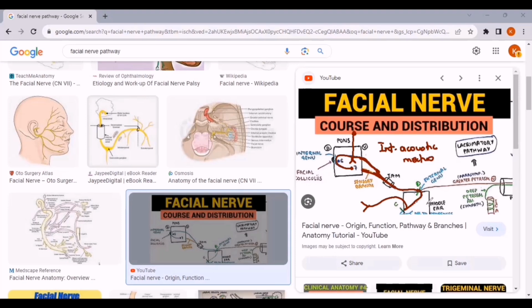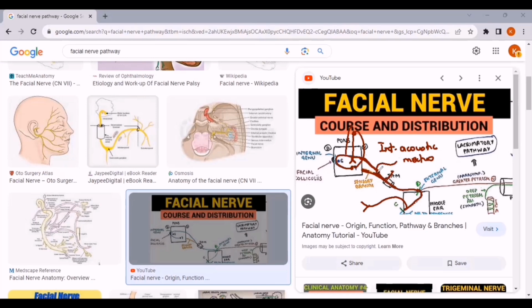I don't want to be confusing you too much, but the point I want to make here is that if you have any lesion along this pathway, all of them would produce lower motor neuron lesion, because all of them are outside of what? This nerve. So anything from here to here would produce what? A lower motor neuron lesion. Now listen, so when I say there is a cerebellopontine tumor, this tumor is compressing on this part of the nerve. That is why it will cause a lower motor neuron lesion.